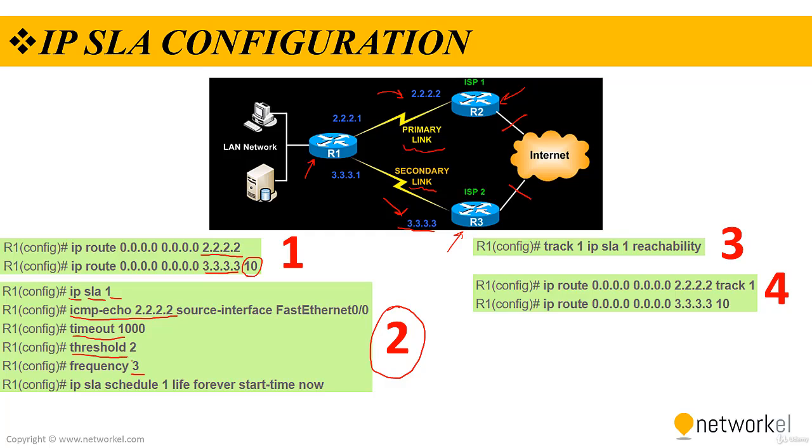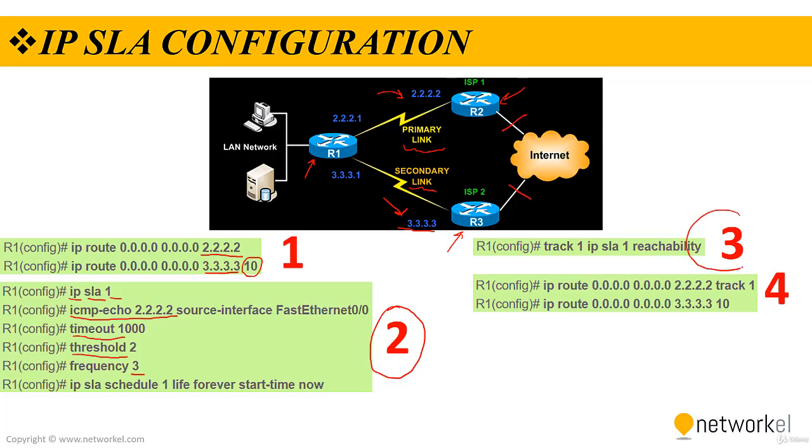Threshold sets the rising threshold that generates a reaction event and stores history information for the Cisco IOS IP SLA operation. After defining the IP SLA operation, our next step is to define an object that tracks the SLA probe.